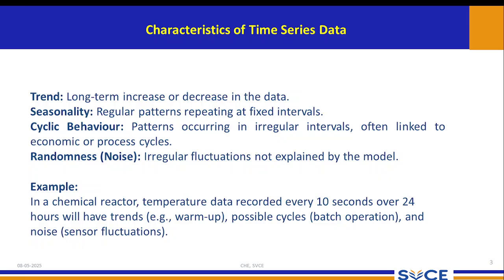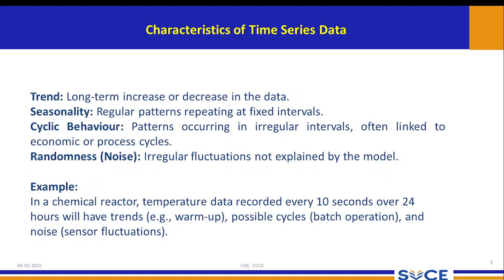This is a possible cycle: the cyclic behavior is the process cycle, batch operation. A batch operation is for 2 hours, so the next cycle may lag, maybe half an hour later or 40 minutes later. And the noise is the sensor fluctuation.